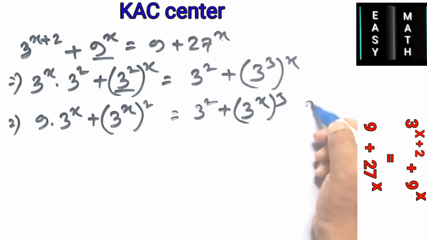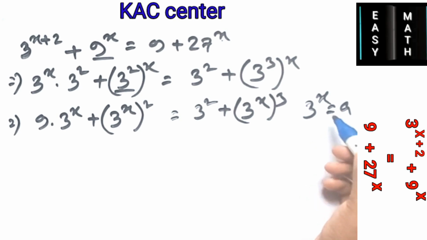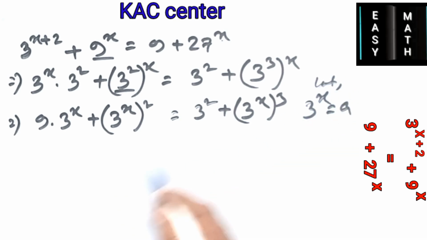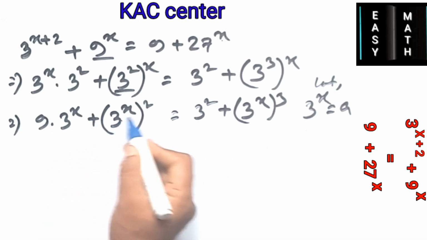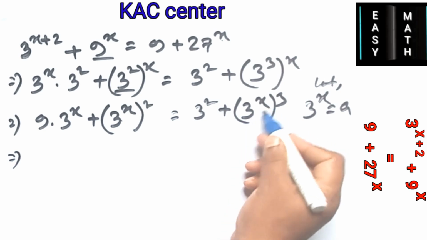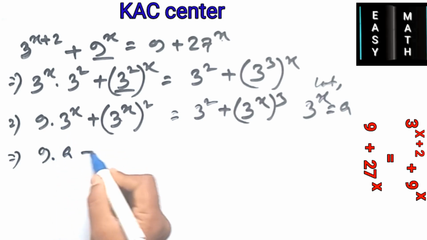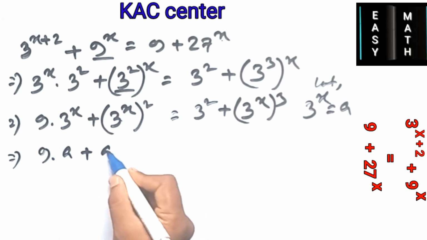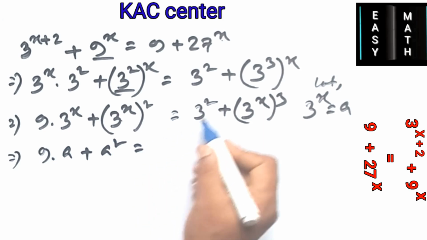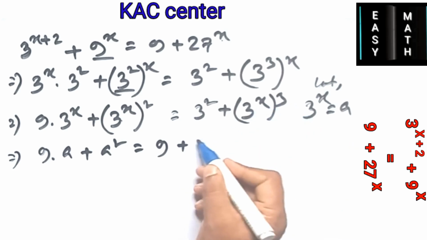And now 3 to the power x, let's take it as a. So this we can write 9, a squared, and a cubed.